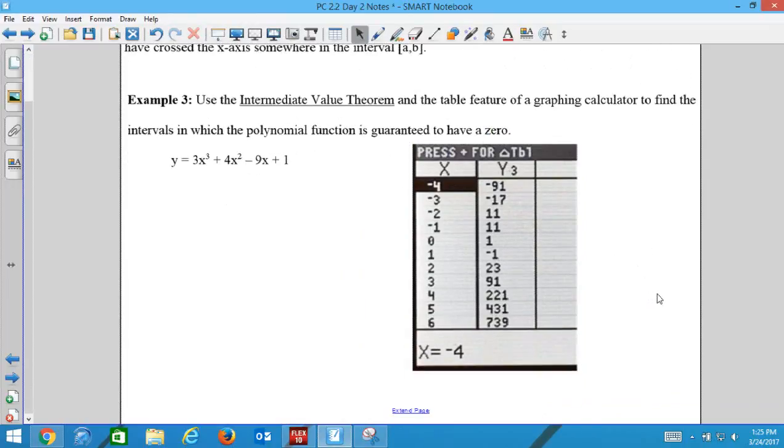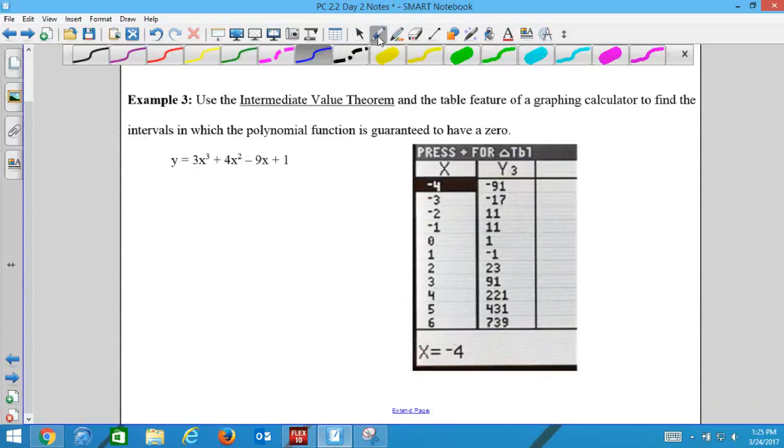So we're looking at an interval where there's a sign change. Your x's should be going up by 1s. If they're not, there's a way to fix it, but I want them to go up by 1s for this. And we're going to look at our y values to see if there's any sign changes.